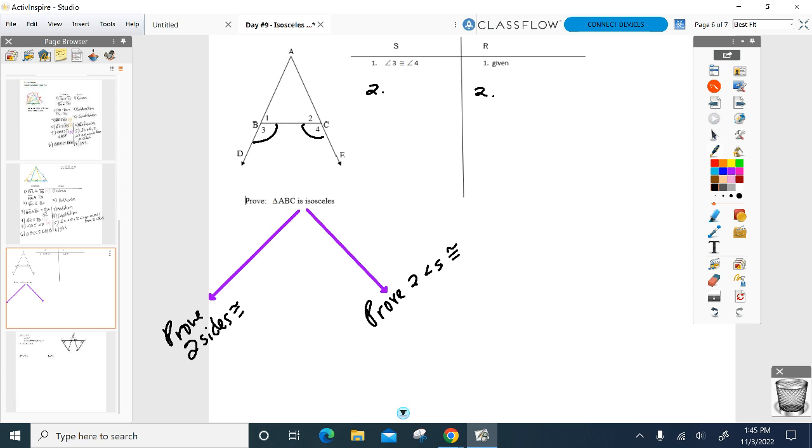All right, if I get 3 and 4, anybody see anything? I also wrote 1 and 2 in for you guys to pay attention to. See it, Bridger? Are they supplementary? I don't see that anywhere in my statements. You might be thinking it, but I don't see it written down anywhere. You need to still tell me they are.